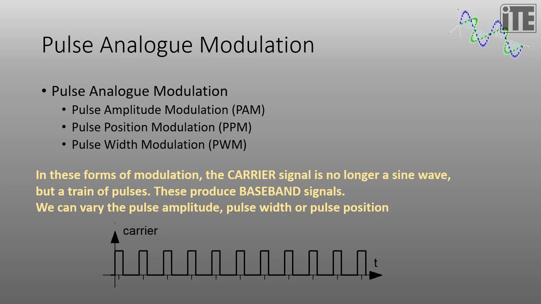Now with a train of pulses, just like with a sine wave, there are three things that we can vary. With a pulse train, we can vary the amplitude, the pulse width, or the pulse position. And this gives us these three basic forms of modulation.